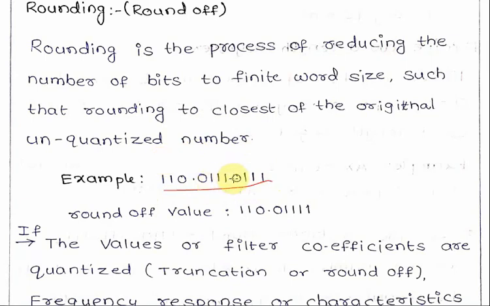So 1, 2, 3, 4, 5, 6, 7, 8. By removing this, we are making this value as 1. So we can represent round of value is this. And round off are nothing but quantizing the values.